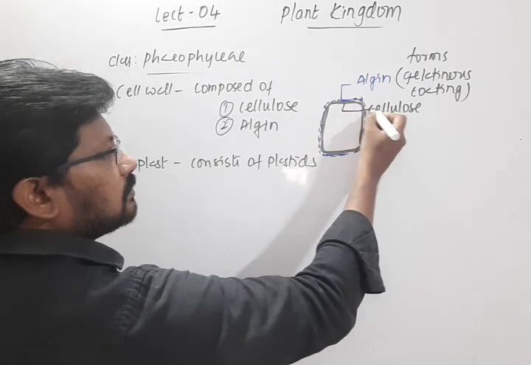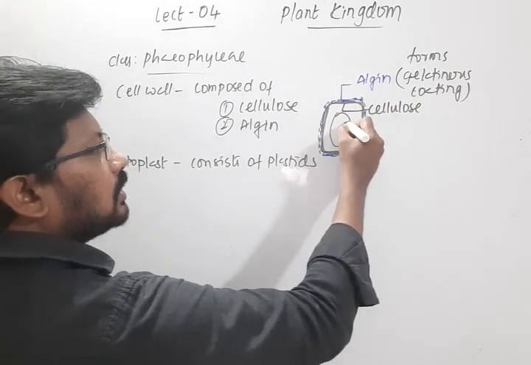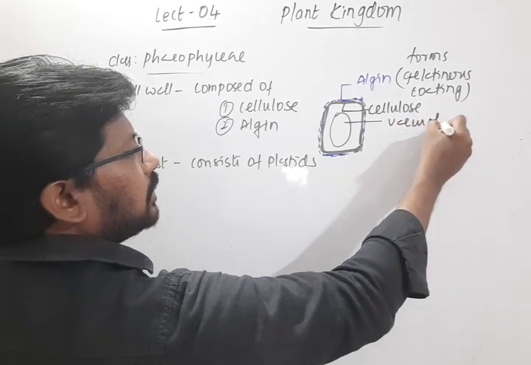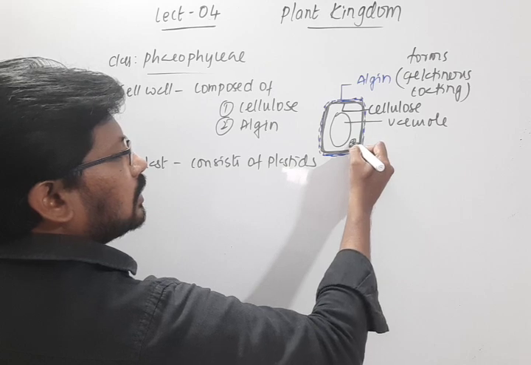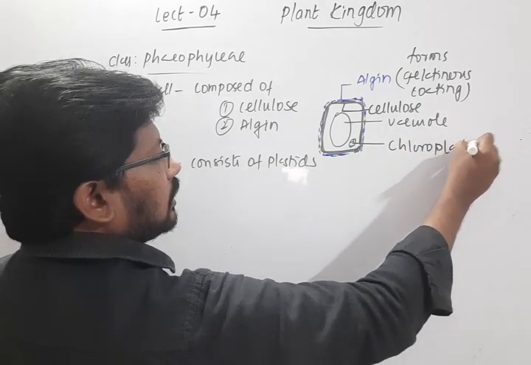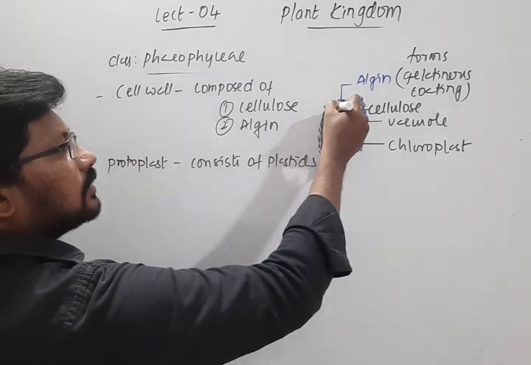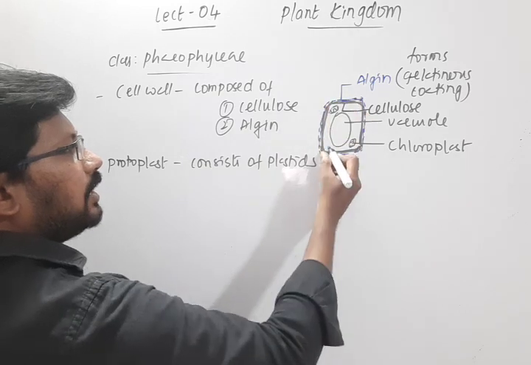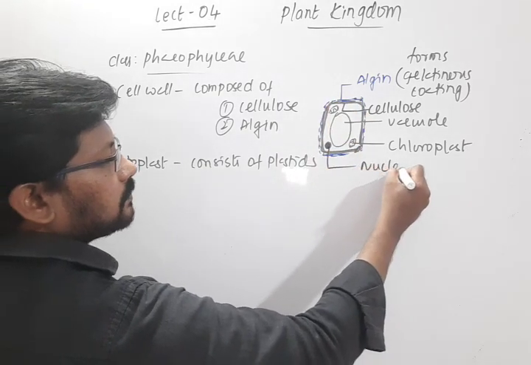So this is the vacuole, and we can see here plastids, or I can say chloroplasts, and mitochondria, and here is the nucleus.